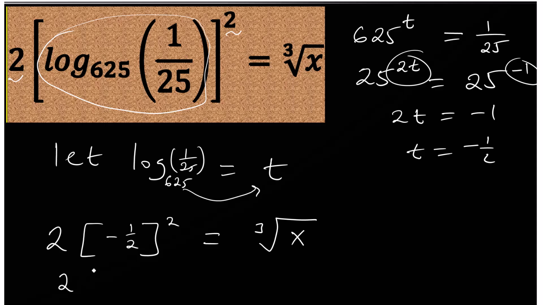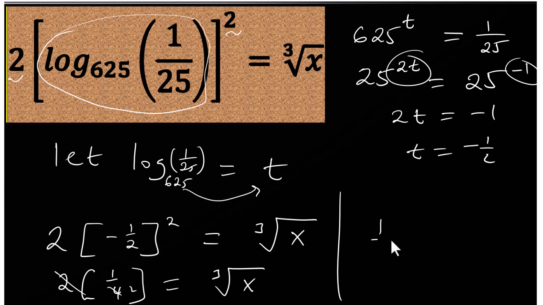So we have 1 on 4. We have 2 here, that will be half, equals cube root of x.